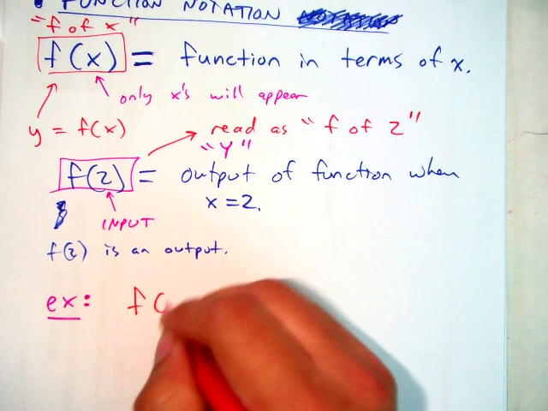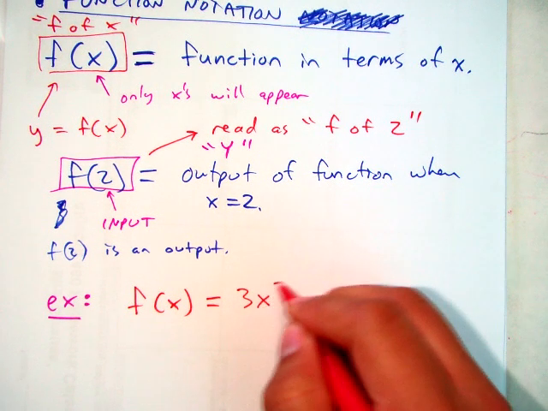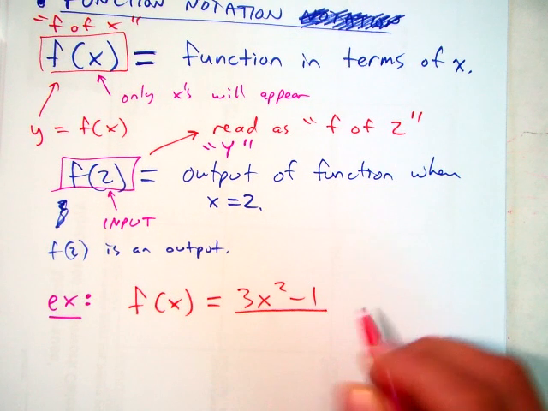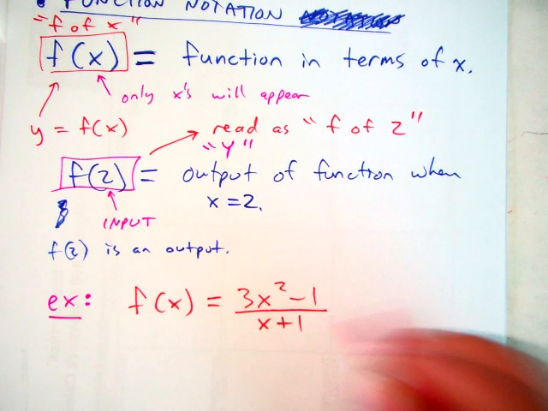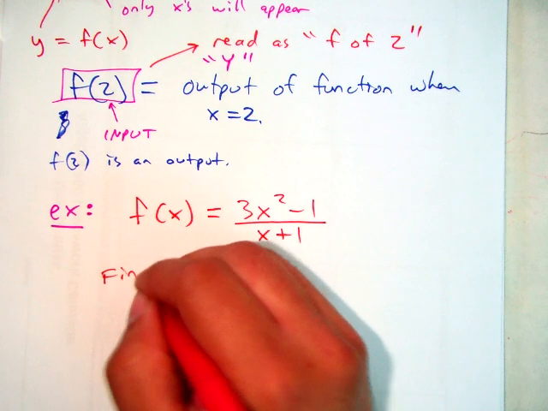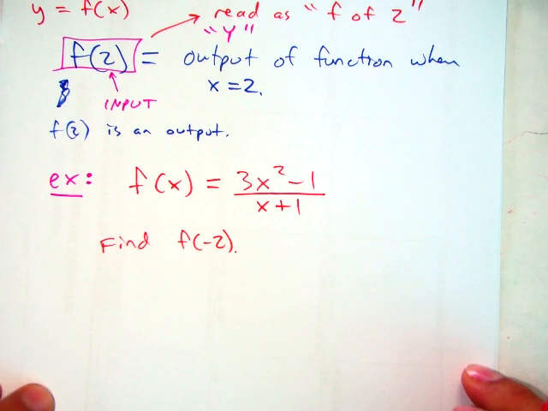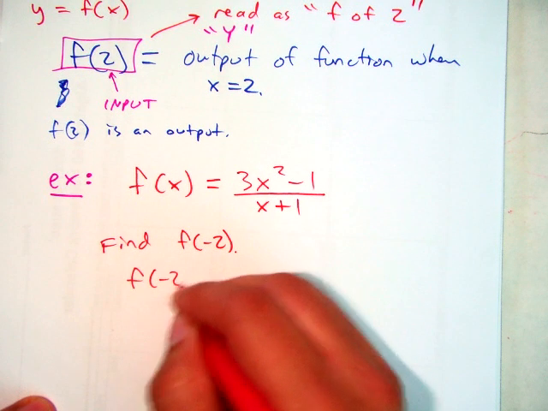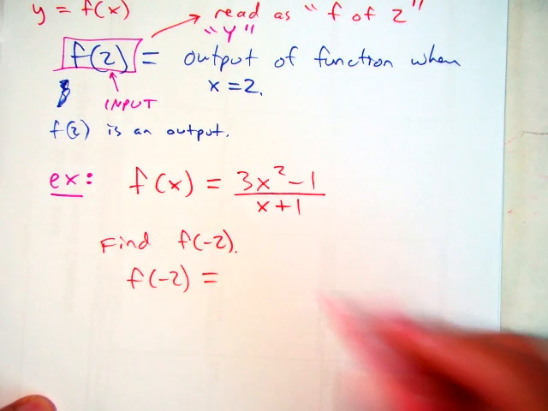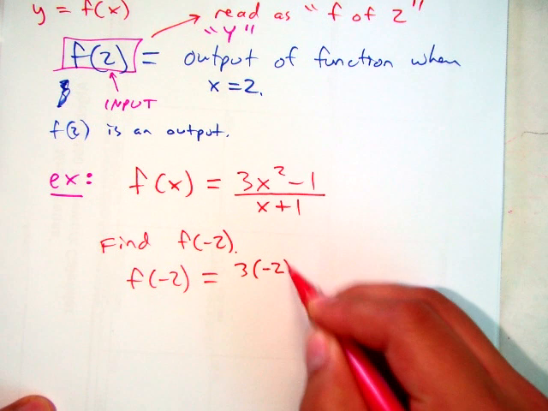So let's say f(x) equals (3x squared minus 1) all divided by (x plus 1). And now the question is to find f(-2). What does that mean? f(-2) can be found by plugging in negative 2 into all the x's.